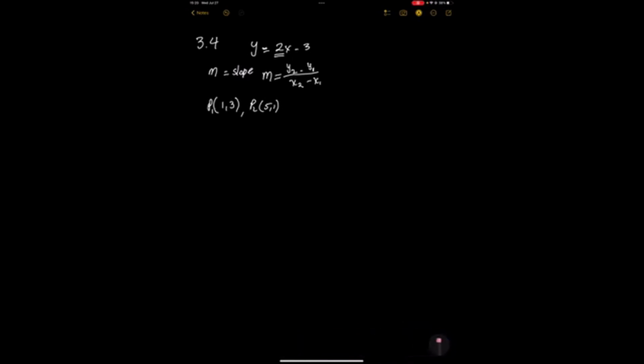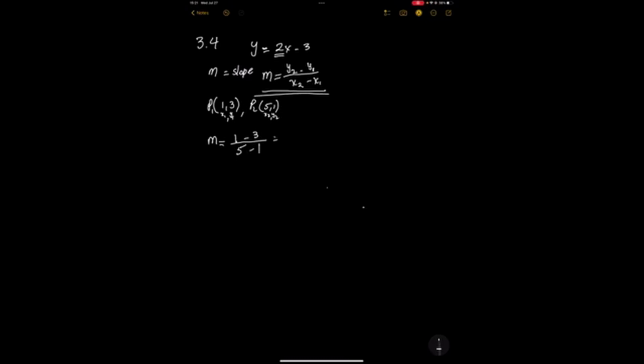Well, how do we do that? Like I said, we have to look at the formula right here and determine what we have. So in P1 we have x1 and y1, and on the second point we have x2 and y2, right? So therefore, m would be equal to y2, which is 1, minus y1, which is 3, over x2, which is 5, minus x1, which is 1.